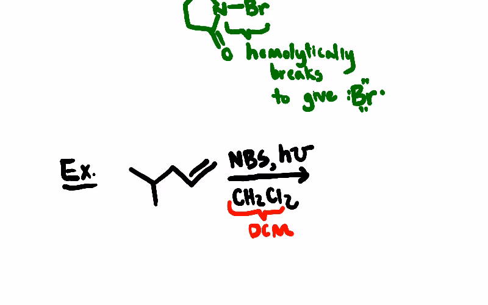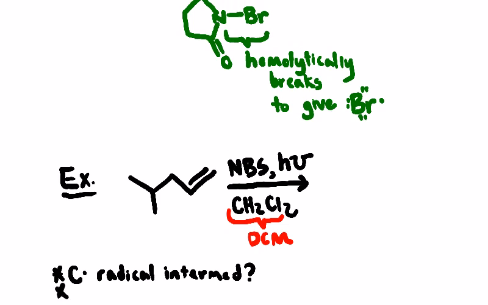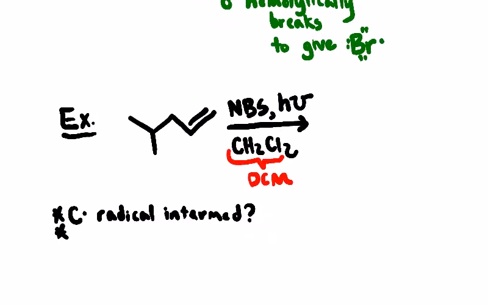So in this question, what we're going to do is provide the carbon radical intermediate and we're also going to provide the expected monohalogenation products.